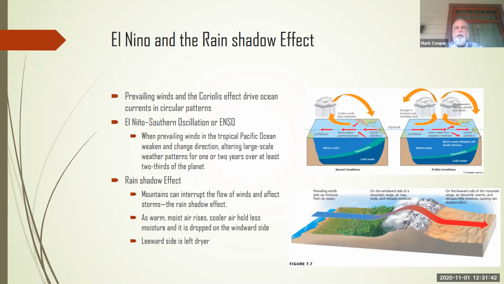When winds in the tropical Pacific Ocean weaken and change direction, we can get some large-scale effects, and it typically warms our local waters, and we see major changes. We've had El Ninos and El Ninas, maybe milder cases, but they happen quite a bit.